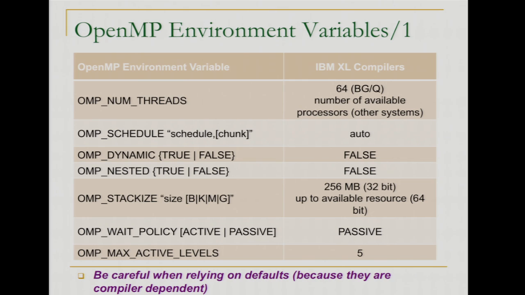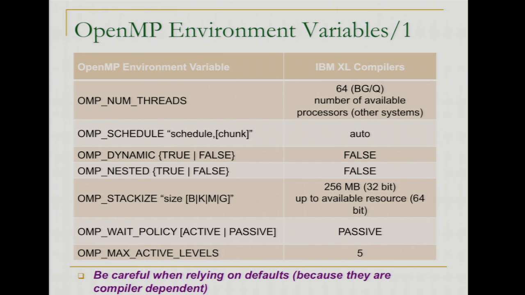Something else that's interesting, dynamic here is set to false. So as I said before, there are some environments that set dynamic adjustment to true by default. That's a very good indicator that it's expected to be used in a general purpose setting rather than HPC. That's one of the things that tends to distinguish general purpose programming from HPC, where you really want that extra control. So I'll skip over these.